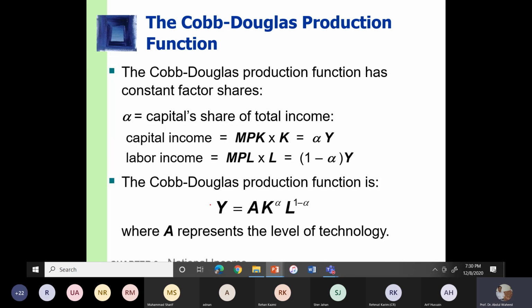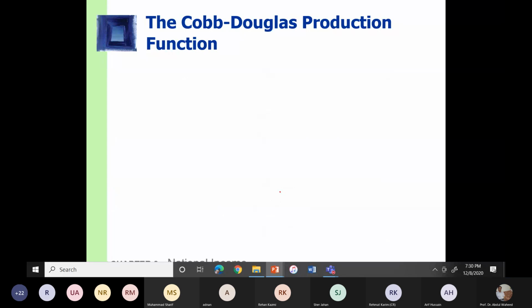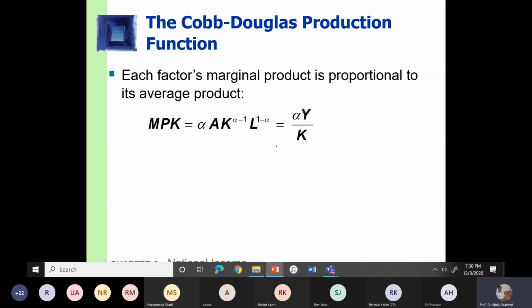So basically delta y over delta k is the marginal product, because marginal product is the slope of the total product. We discussed this in our last class. So to get the marginal product from this production function, we will take the derivative. And in case of derivative, this power will come down, and then from the power we have to subtract 1, if you have studied derivative in your intermediate class.